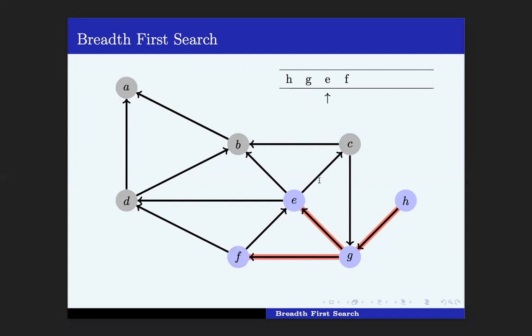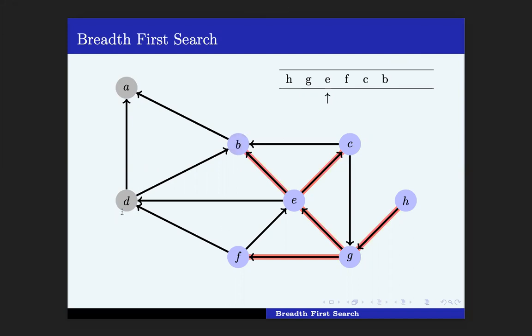Again, I do the same thing. For E, I say, give me all your neighbors. C is your neighbor. It is still gray, therefore I put it in the queue, and similarly for B. The next neighbor is B, which is gray, so I put B in the queue and color the edge EB red.